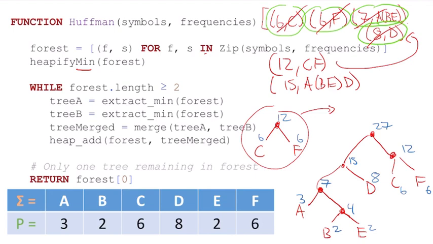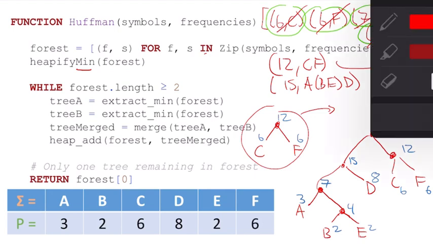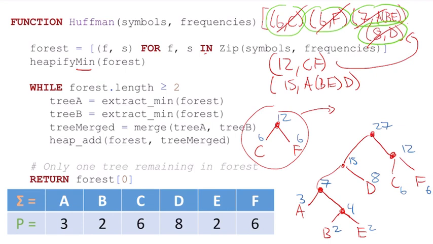And if you want to know the encoding for any given letter, every time you go left, you'll mark it as a 0. So that would make A 000. B would be 0010. C would be 10.